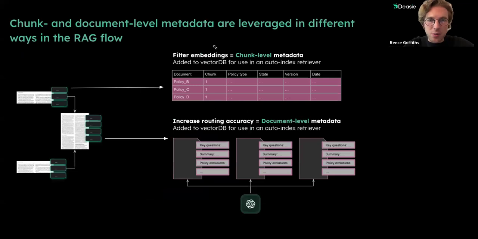Importantly, at least in this setup, chunk level metadata was included within the vector DB. So the filtering of embeddings actually used chunk level metadata, whereas document level metadata was used on top of each document within the router query engine.